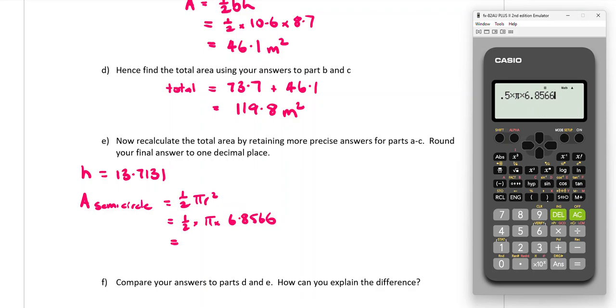Wait, sorry, I forgot the squared. That will make a difference. There we go. 73.8477.